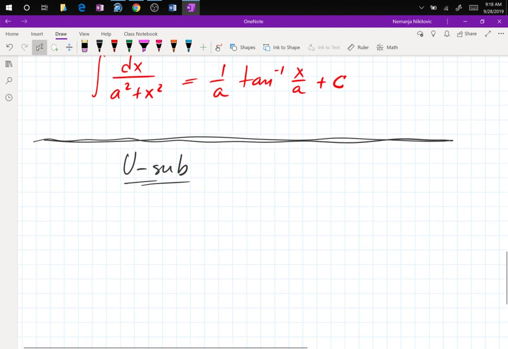So u substitution, there is a formula which is completely useless because you want to know the procedure and get very hands-on with this stuff.